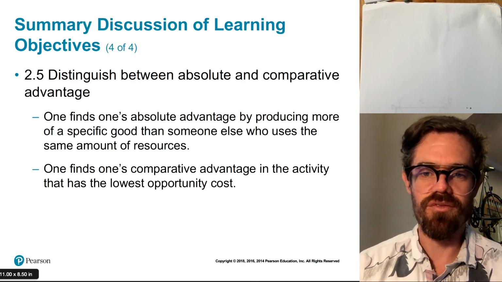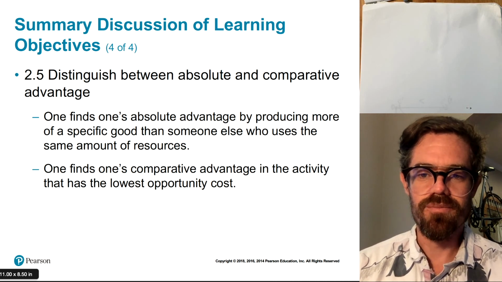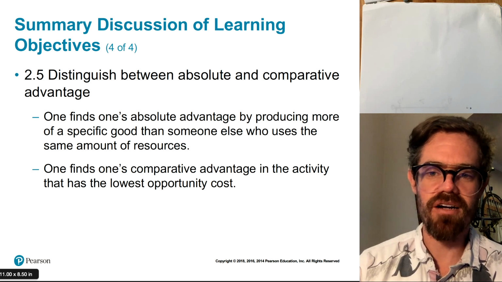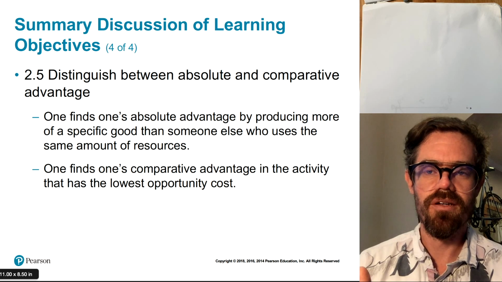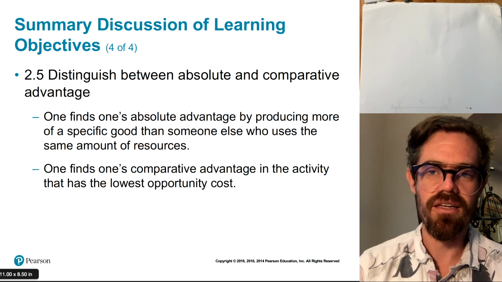And then in section 5, we talked about the difference between absolute and comparative advantage, and we defined what these concepts are. Of course, they're pretty similar, but comparative advantage is probably the more important one, and it relates to whoever has the lowest opportunity cost. Whoever gives up the least to make that thing has the comparative advantage.